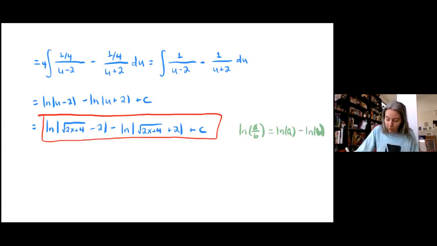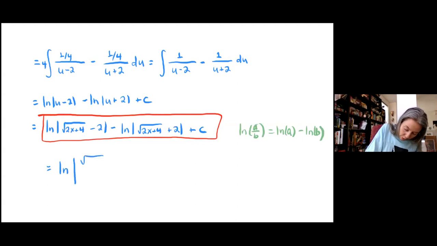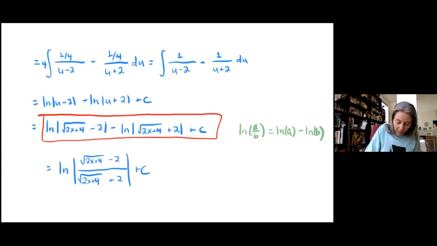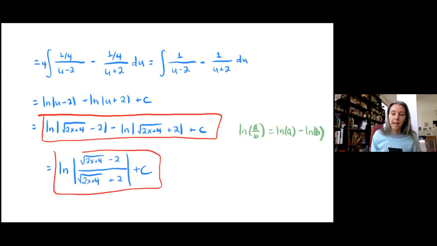In other words, if we wanted to, we could use this rule to rewrite this as ln of the top, root 2x plus 4 minus 2, over the bottom, root 2x plus 4 plus 2, plus a constant, and these represent the same thing.